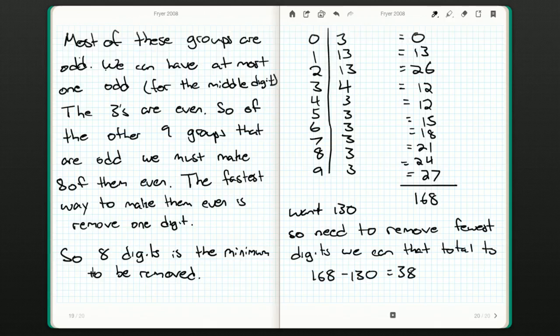Okay. Well, what's the best way to do that? Getting rid of all the 9s knocks off 21 right away. And then if we get rid of an 8, from 38 we got rid of 27 of them, so that's 11. Subtract an 8, then we need to get rid of a 3, and that would give us a total of 5. But we need to justify that a little better.